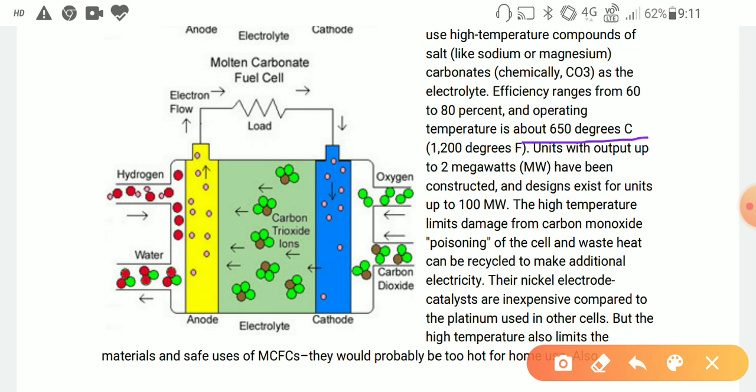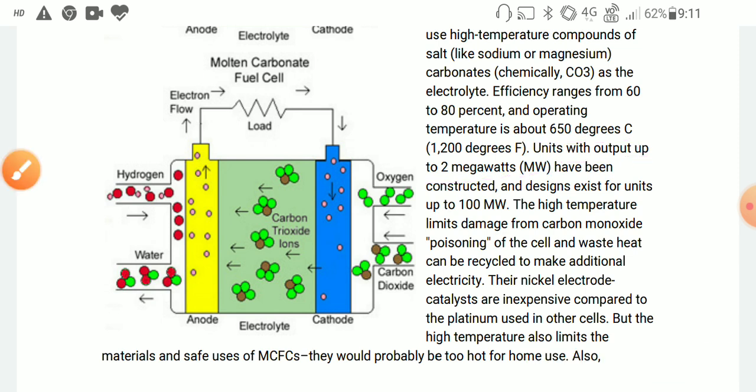Here the unit output is up to 2 megawatts. So this is another kind of fuel cell.